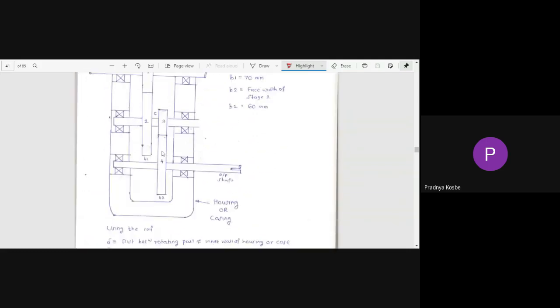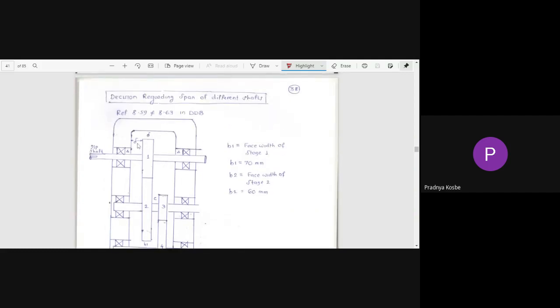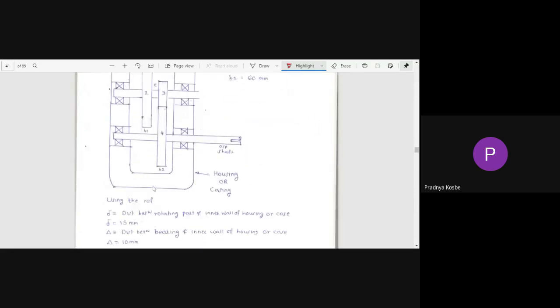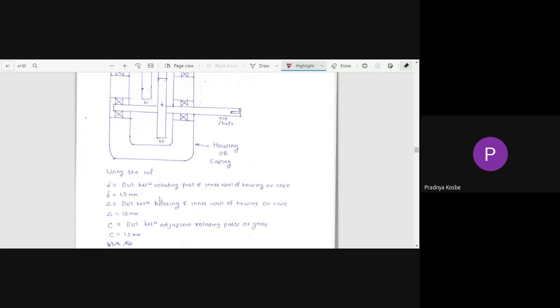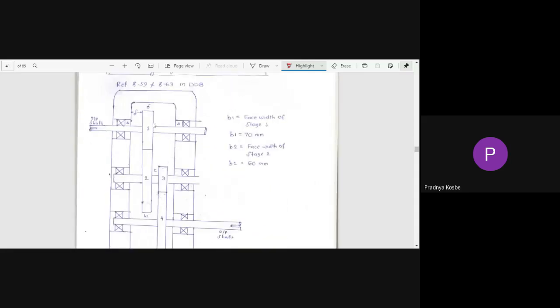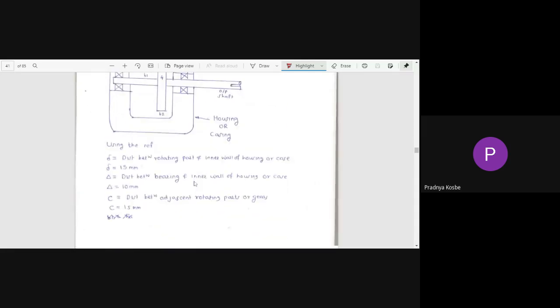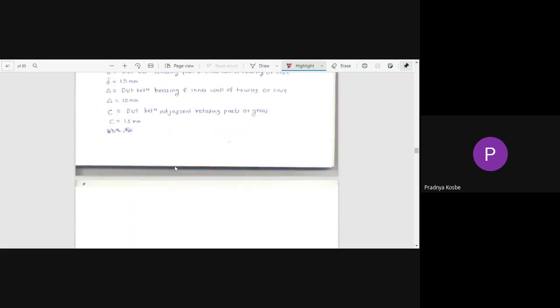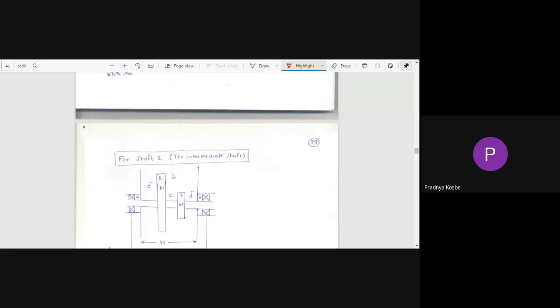So I will again repeat, del is the distance between shaft and inner wall of a housing, 15 mm. Delta is the distance between inner housing and bearing, 10 mm. And the distance between adjacent rotating parts, C, is 15 mm.